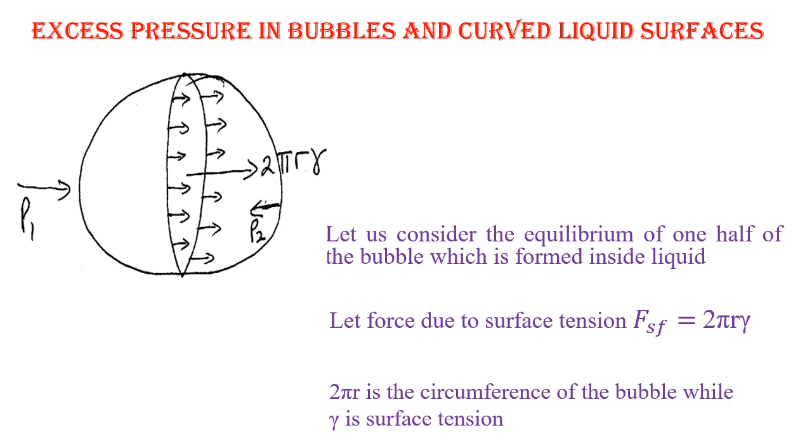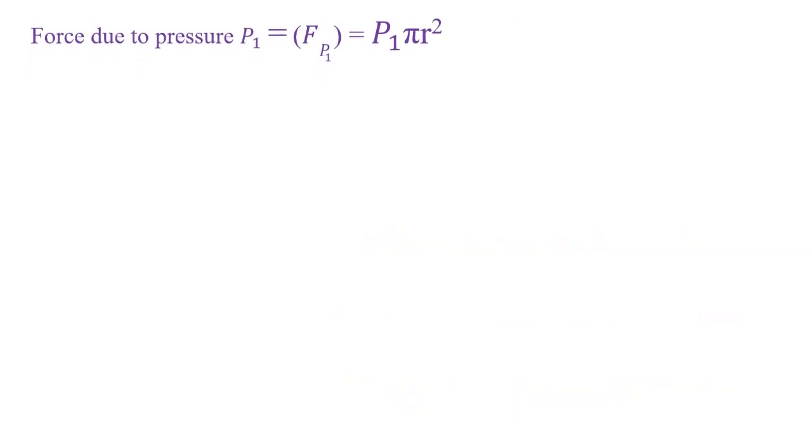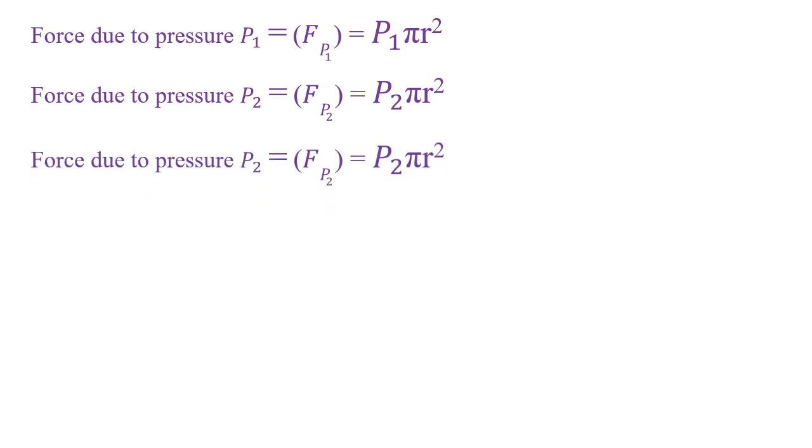Then, force due to pressure P1 is equal to P1 pi r squared. Force due to pressure P2 is equal to P2 pi r squared.